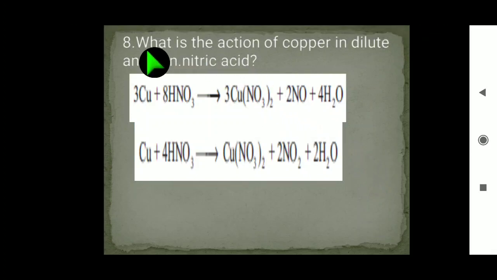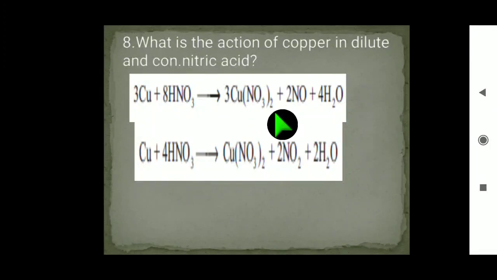Question number 8. What is the action of copper in dilute and concentrated nitric acid? Here two types of equation. One is concentrated, another one is diluted. The first equation is diluted. Copper with nitric acid, 3:8 ratio we have to take.